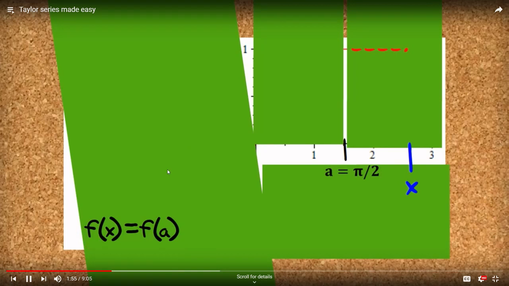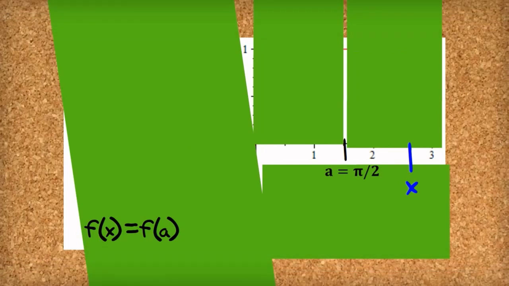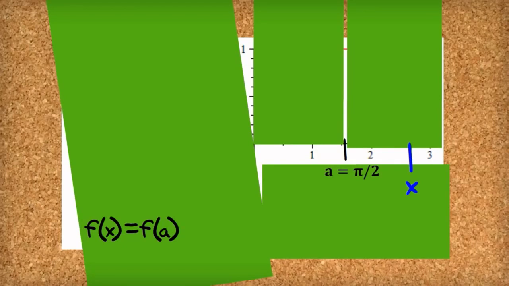To the next older student, and he says, well, I've learned about slope. You said you'd reveal everything about the curve at that point, so you'll tell me the slope. So I suppose if I assume that the slope is constant, then if the slope is positive, then f of x will be up here somewhere. And if the slope is negative, then f of x will be down here somewhere.